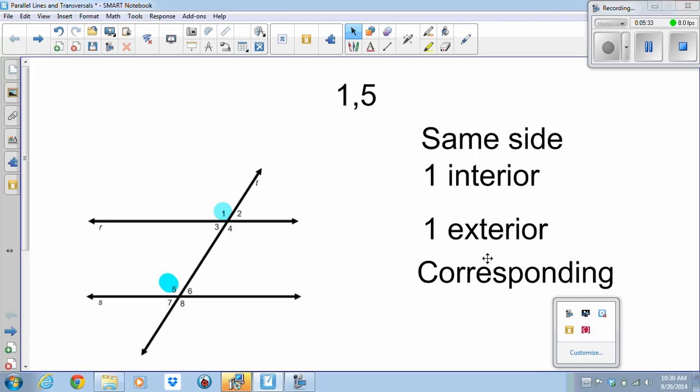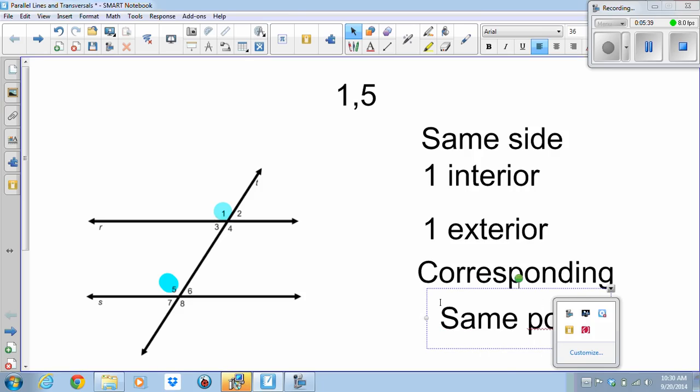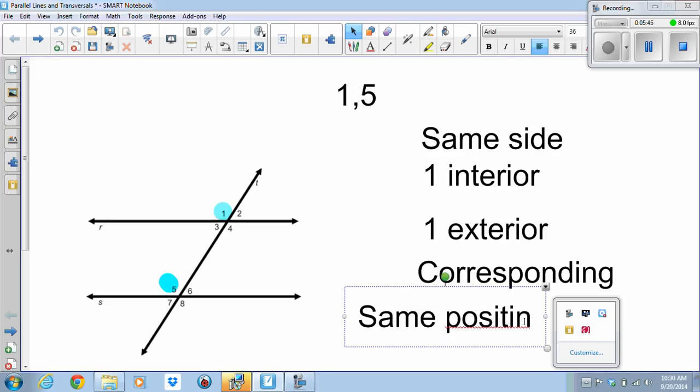What that means is, what I like to think of is that they're in the same position. If you notice, in this group of angles, 1 is in the top left, and in this group of angles, 5 is in the top left.